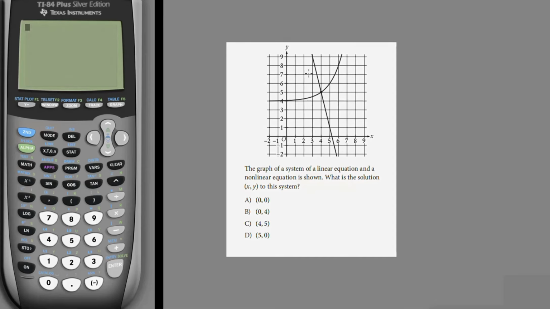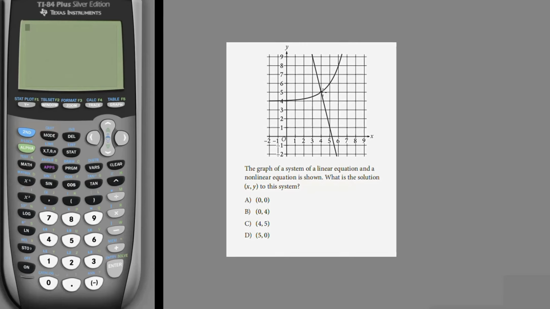So here we have a straight line graph and a curved graph, right? A linear graph and a non-linear graph, a linear equation and a non-linear equation. At the point of intersection, this middle point here, this is where we're going to consider.